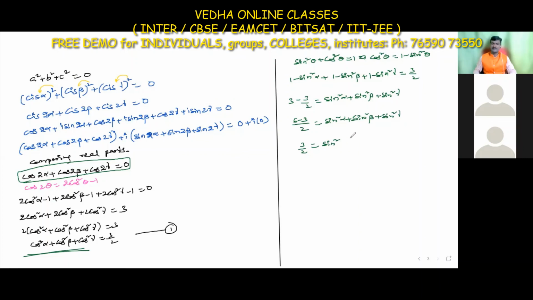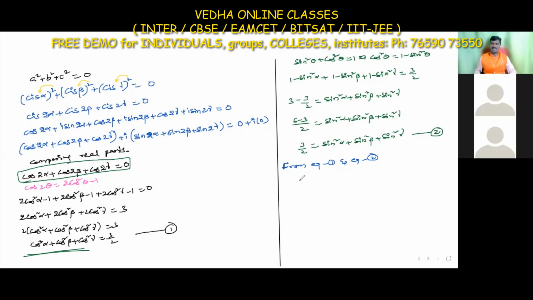So sine square alpha plus sine square beta plus sine square gamma is equal to 3 by 2. Take it as equation number 2. From equation 1 and equation 2, what do we get?